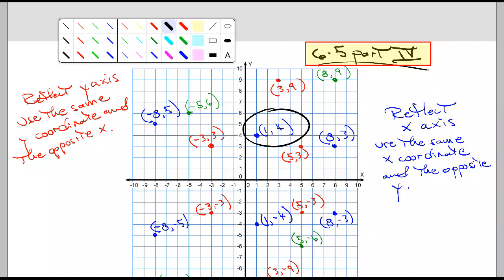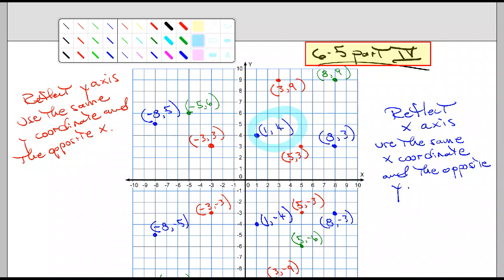And so what's the opposite of 4? -4. And so you can see where that point is reflected. In other words, here is the original point, 1, 4. Its reflection would be 1, -4.